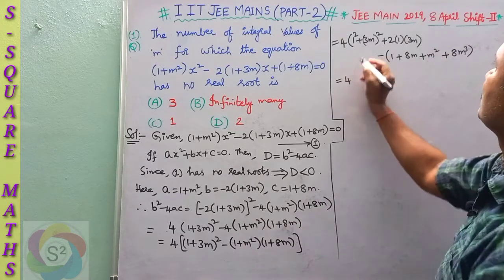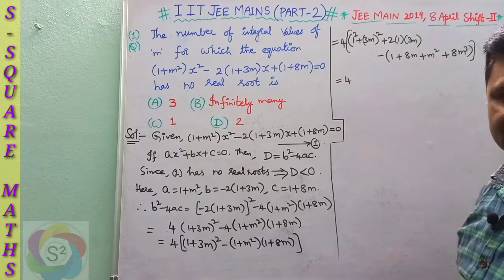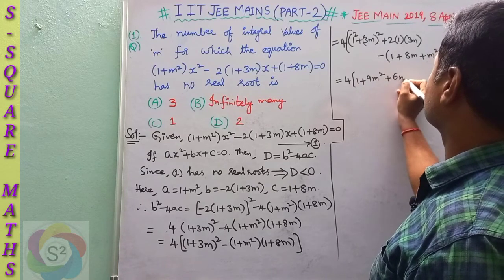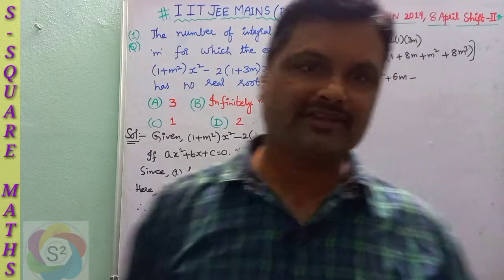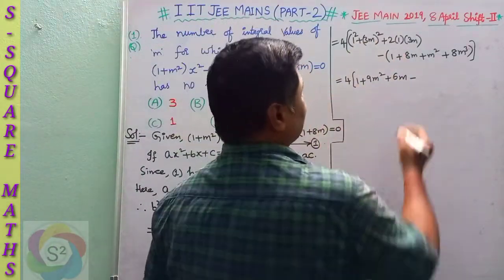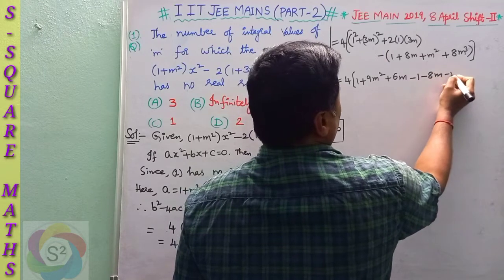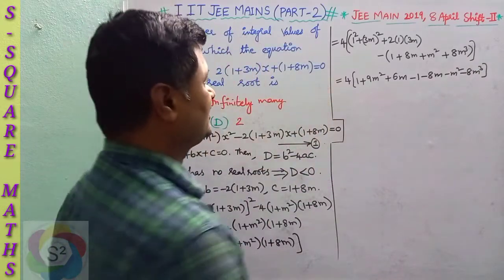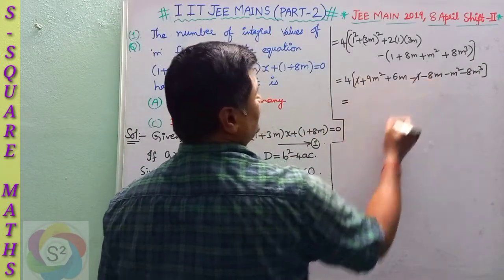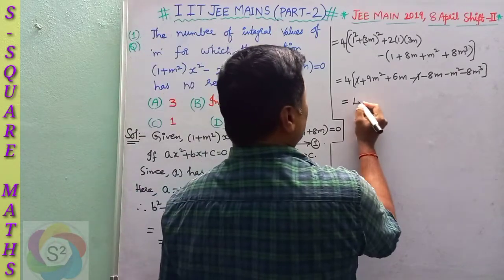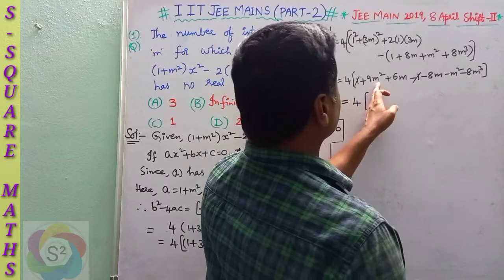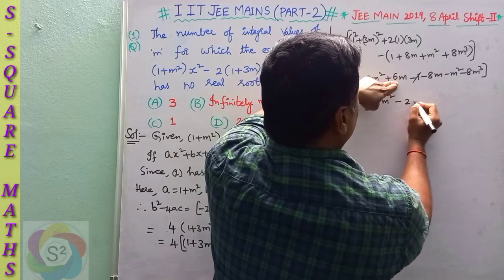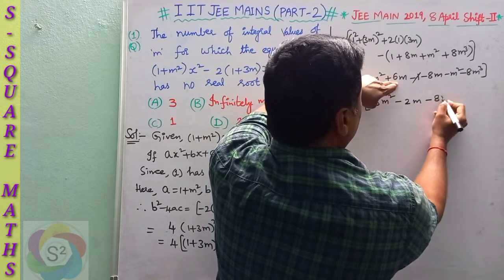So this is 4 of the square bracket: 1 plus 9m square plus 6m, minus 1 minus 8m minus m square minus 8m cube. Now 1 minus 1 is 0. So 4 times of 9m square minus m square is 8m square, this is minus 2m, and this is minus m cube.